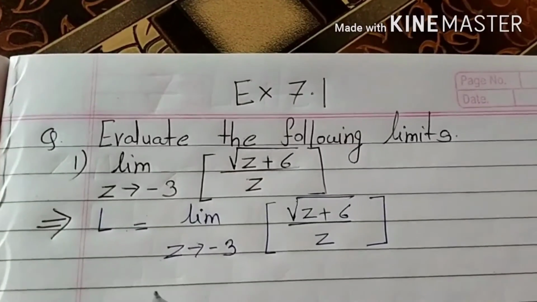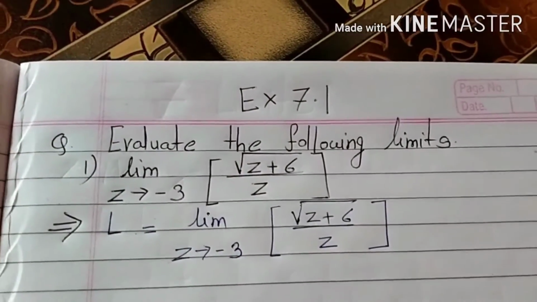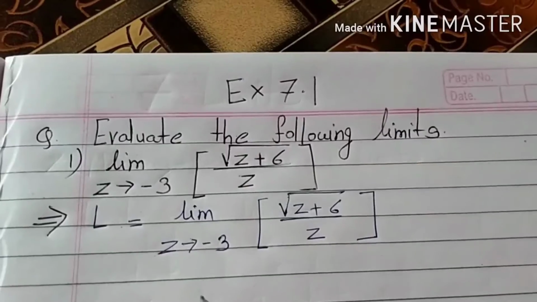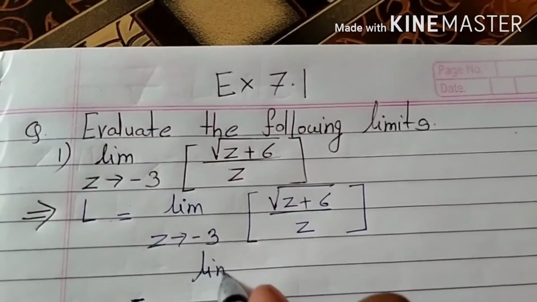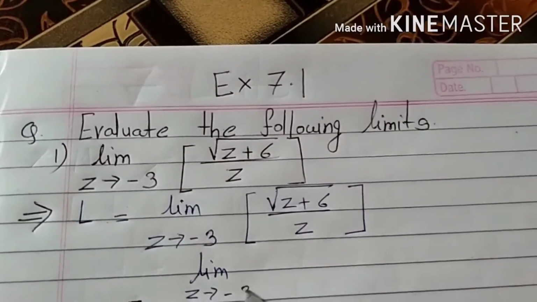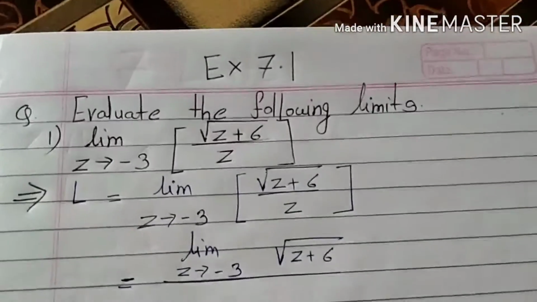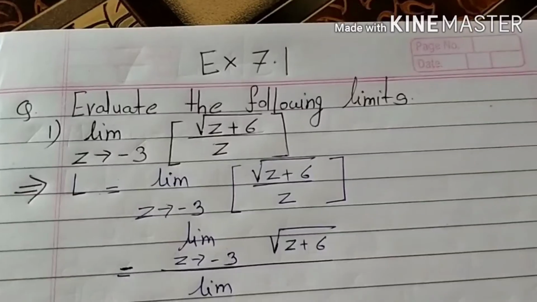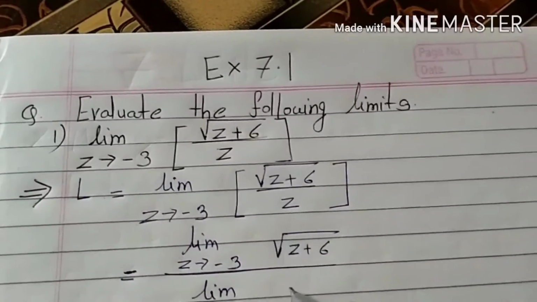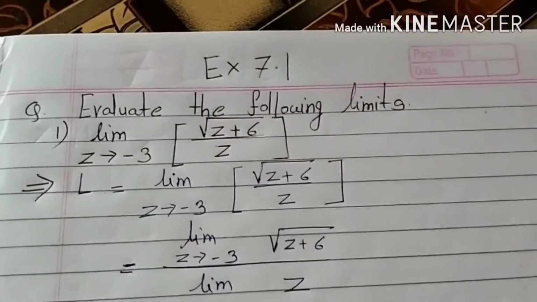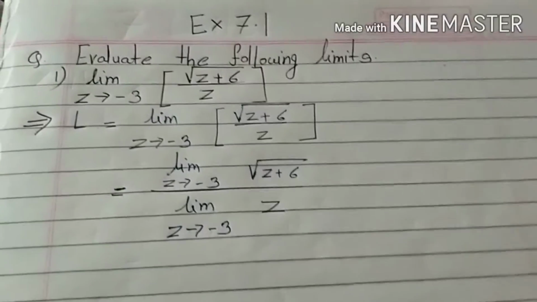Separate the limit by the algebra of limits. So here the limit as z tends to minus 3 of the root of z plus 6, upon the limit as z tends to minus 3 of z. Now apply the limit.